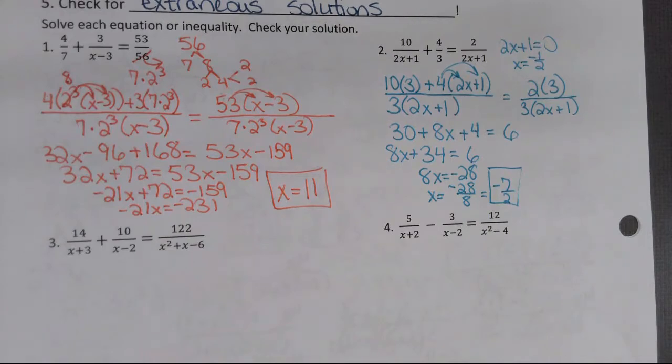Now, if we take a look at the next one, we have a little bit of factoring that we're going to have to do. Our first two fractions are already factored for us, but we are going to have to use a times c to factor the last fraction.